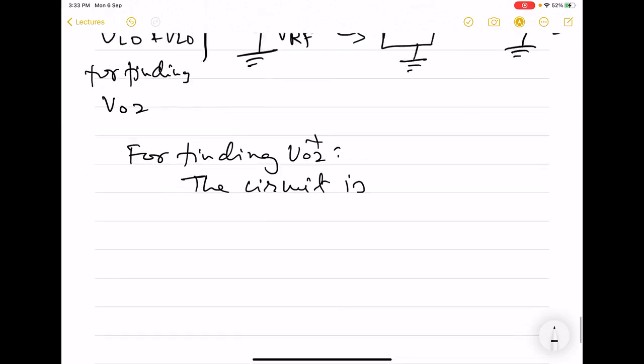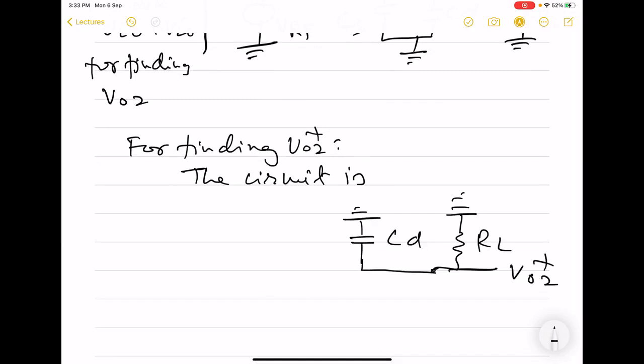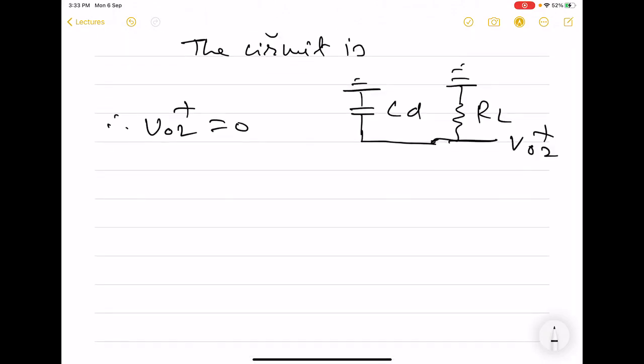In this case, the circuit is RL, CD, CD is grounded, RL is also grounded, and this is VO2 plus. So therefore, VO2 plus is 0.